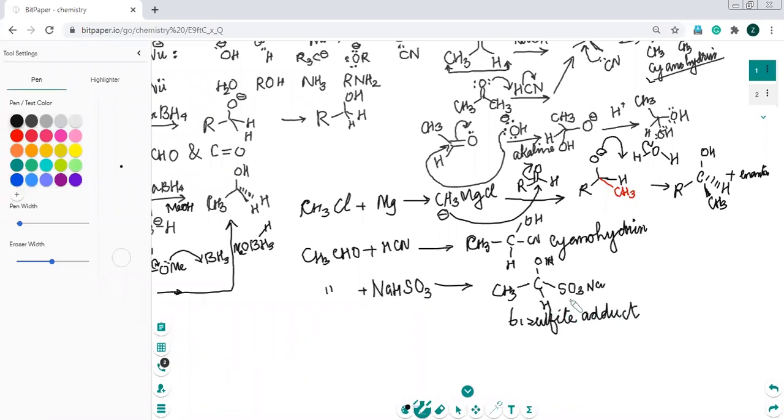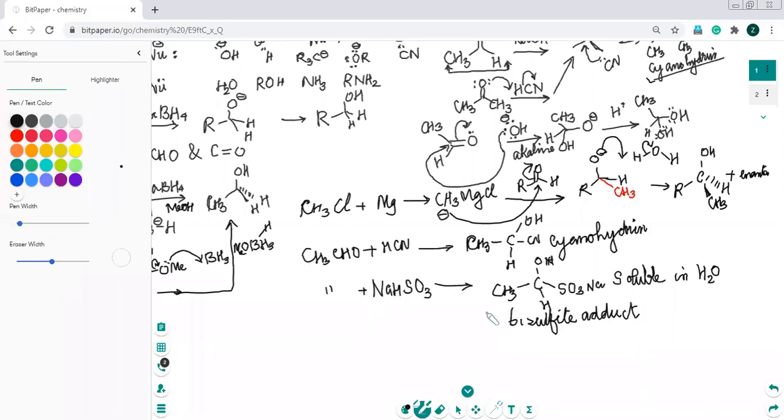Remember, this is a sodium salt and therefore it is soluble in water. And this is insoluble in organic solvents. So this particular reaction can be used as a good method of purification or separation of aldehydes and ketones.